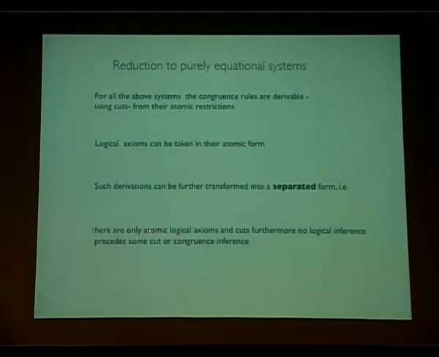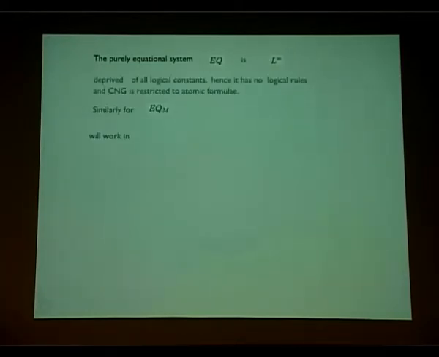And furthermore, you can have only atomic logical axioms and cuts, and no logical inference above cut or congruence rules. So you put cuts and congruences all above in the proof, and this yields a reduction to a purely equational system like this.